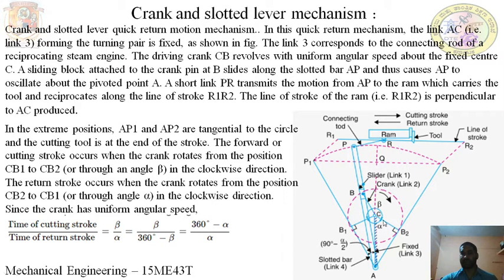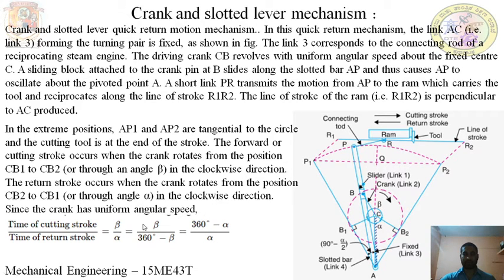In this way, the quick return motion is achieved by the crank and slotted lever mechanism. The ratio of time of cutting stroke to time of return stroke is given by beta by alpha, which is beta by 360 minus beta, or 360 minus alpha divided by alpha.